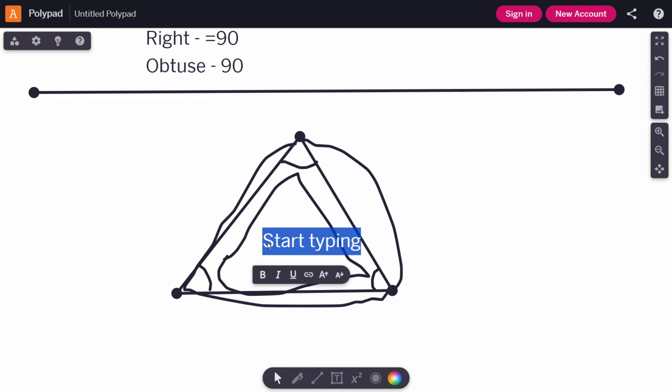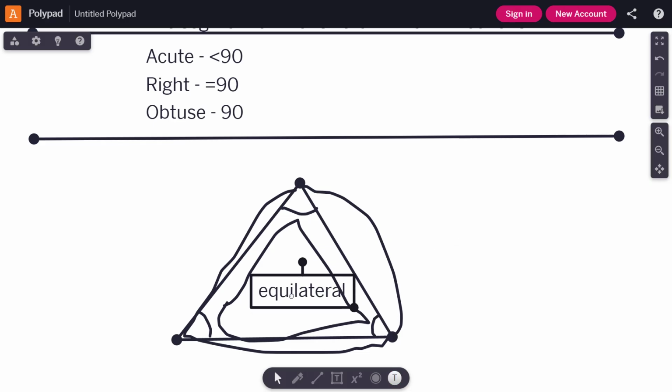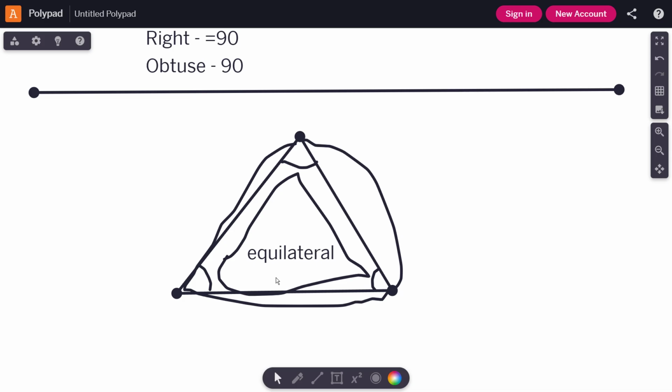So what is this called? This is called an equilateral triangle. Look at the root word. Isn't it similar to equal?